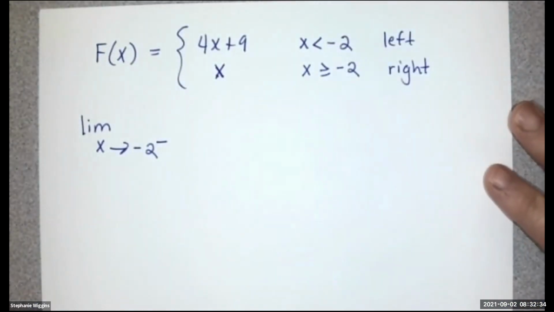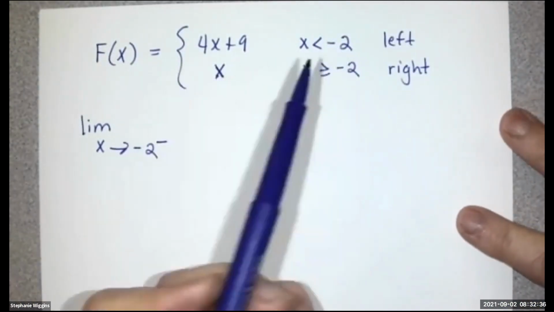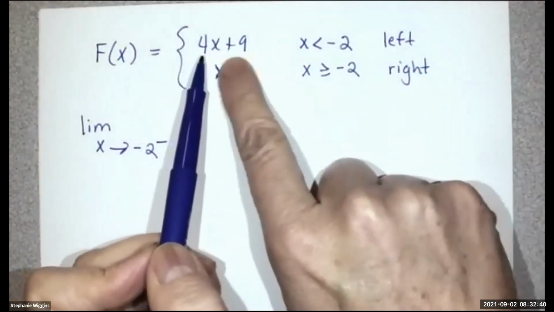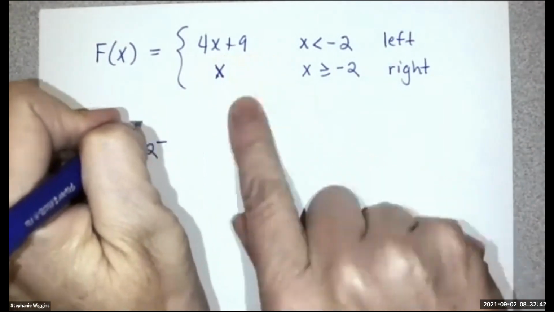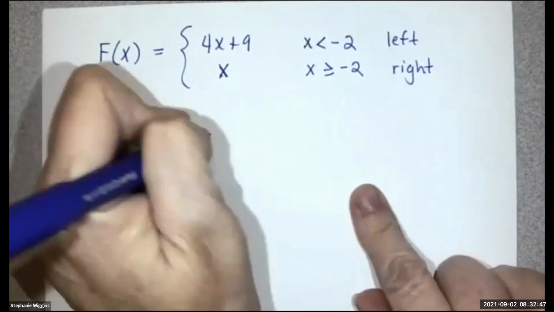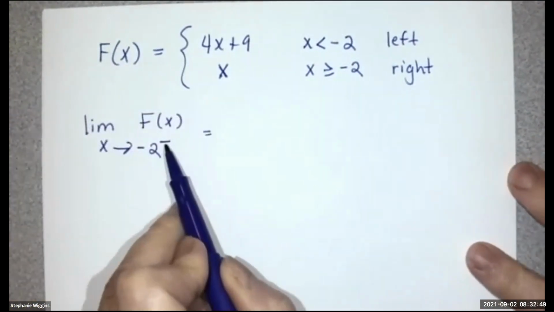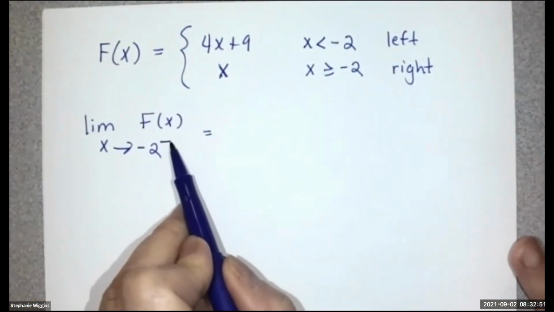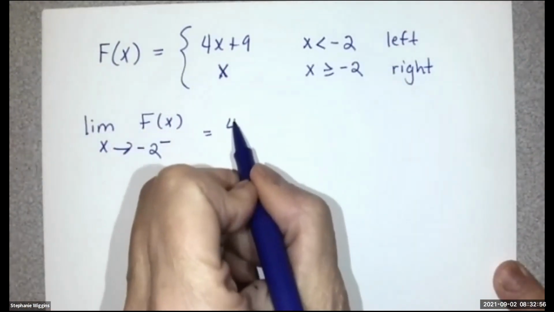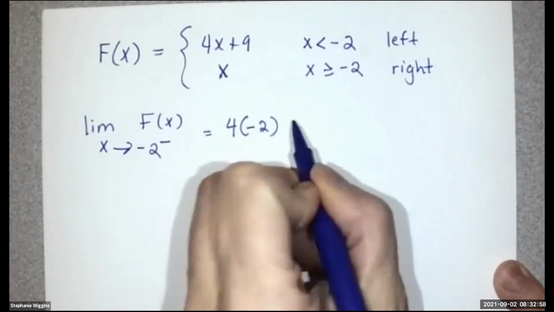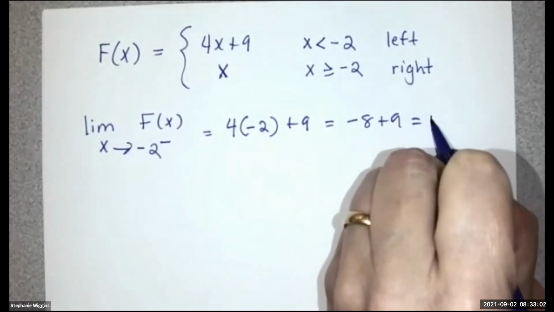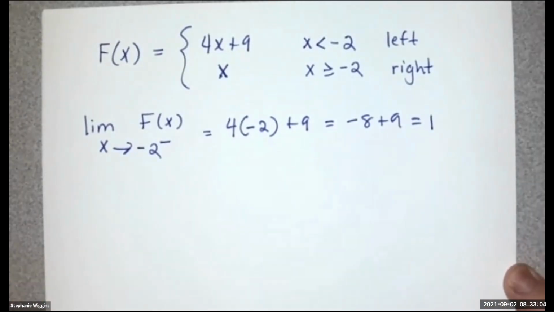If you're calculating the left-hand limit, you want to plug -2 into the left-hand side, 4x plus 9. The left-hand limit, that little negative here, means I'm on the left. I take my -2 and plug it in. So 4 times -2 plus 9 equals -8 plus 9, which is 1. That's the left-hand limit.